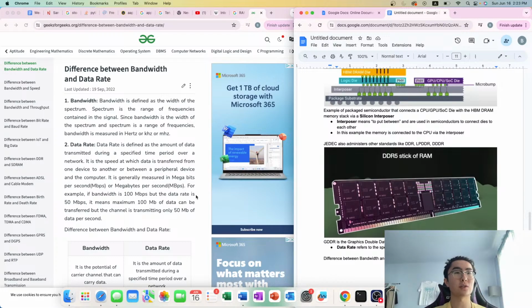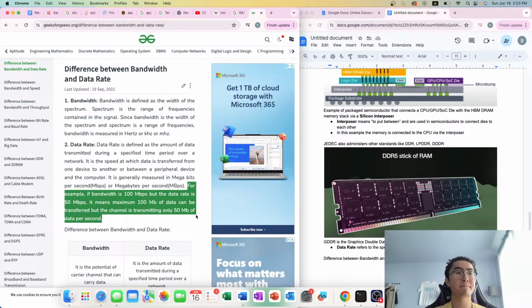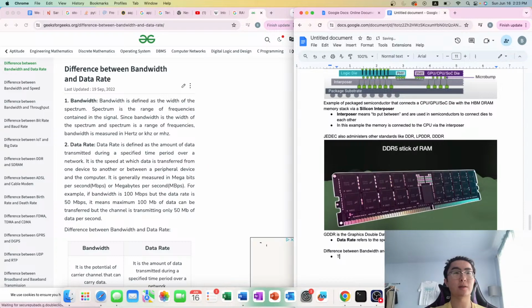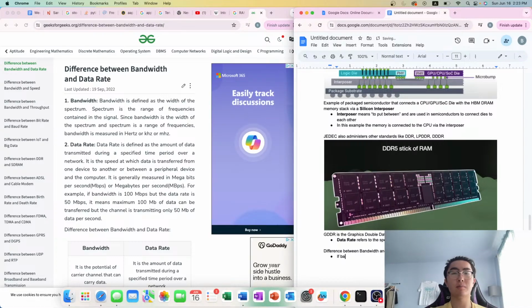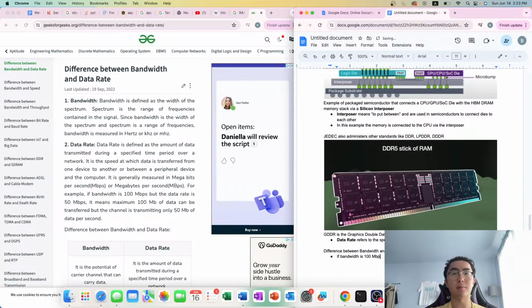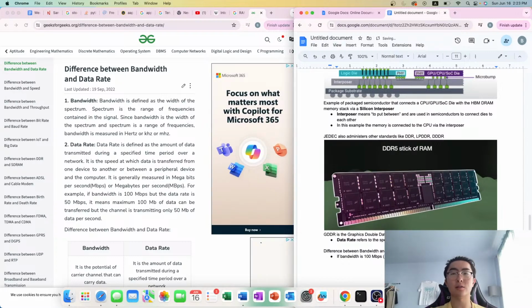Oh, okay, so this is interesting. So bandwidth is 100 Mbps, so megabits per second. But the data rate is 50 Mbps.